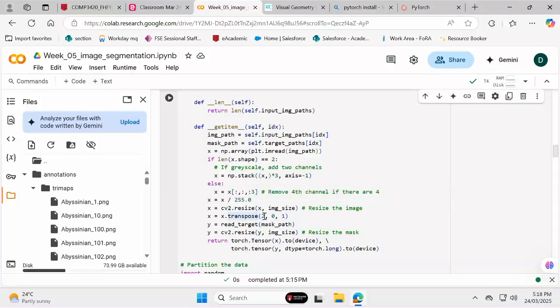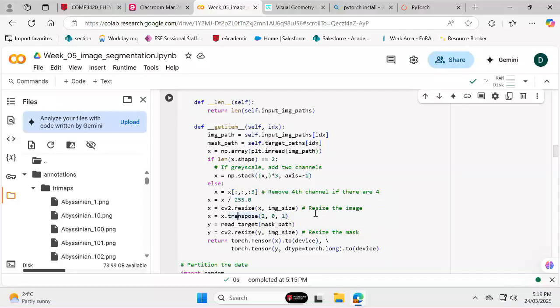But for PyTorch, it needs to be in the format channels, rows, columns. So we have to swap the last component of the tensor with the first one. So we can use transpose for that. And we can see here first the element number 2 in the tensor, and then 0 and 1. That means channel, row, column.